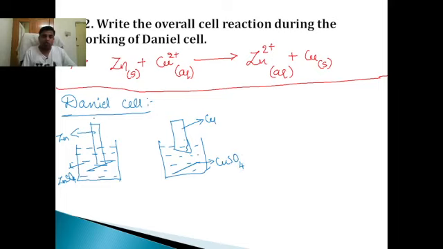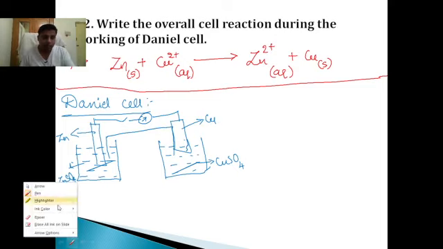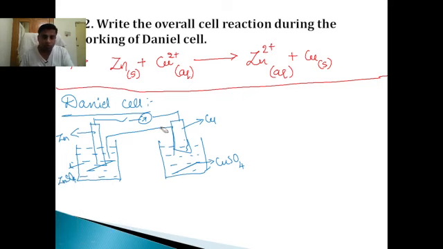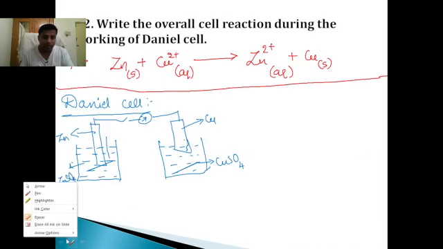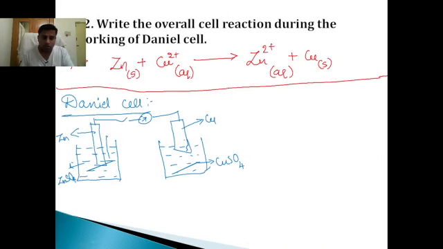The 2 rods are connected externally using a switch and an ammeter, whereas the 2 solutions are connected using a salt bridge, isn't it? Yes, the 2 solutions are connected using a salt bridge.